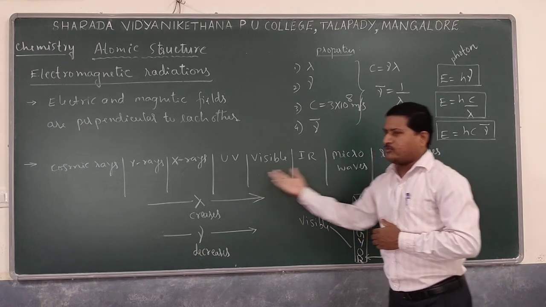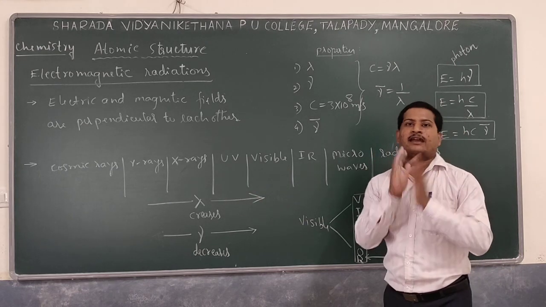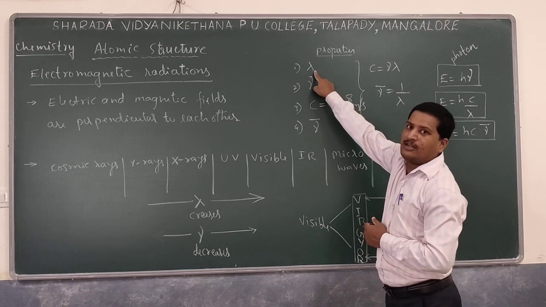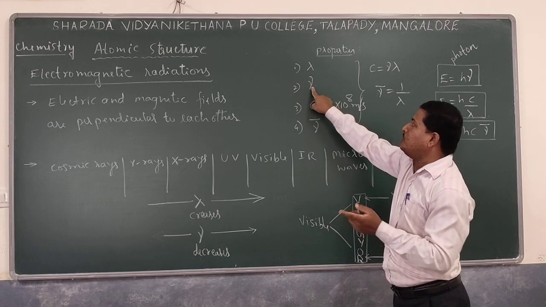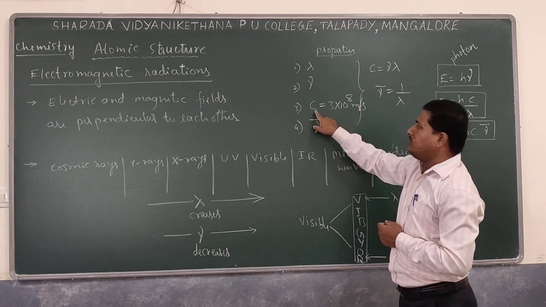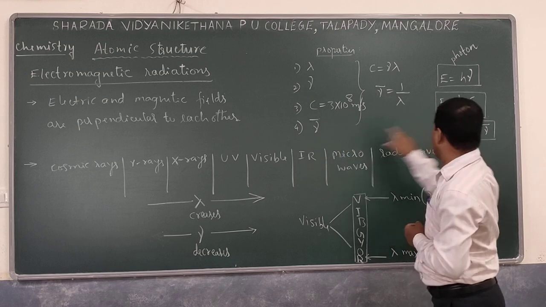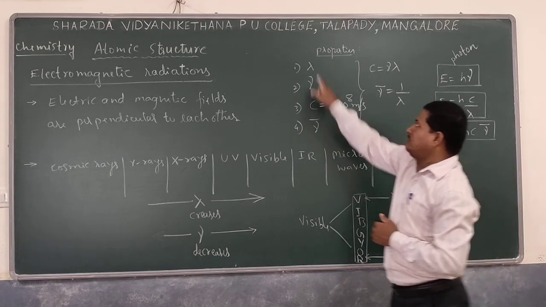And these electromagnetic radiations have certain characteristic features or properties. First is lambda, or wavelength; second is nu, nothing but frequency; another is velocity c; nu bar is nothing but wave number; and the other one is energy. So what is this wavelength?